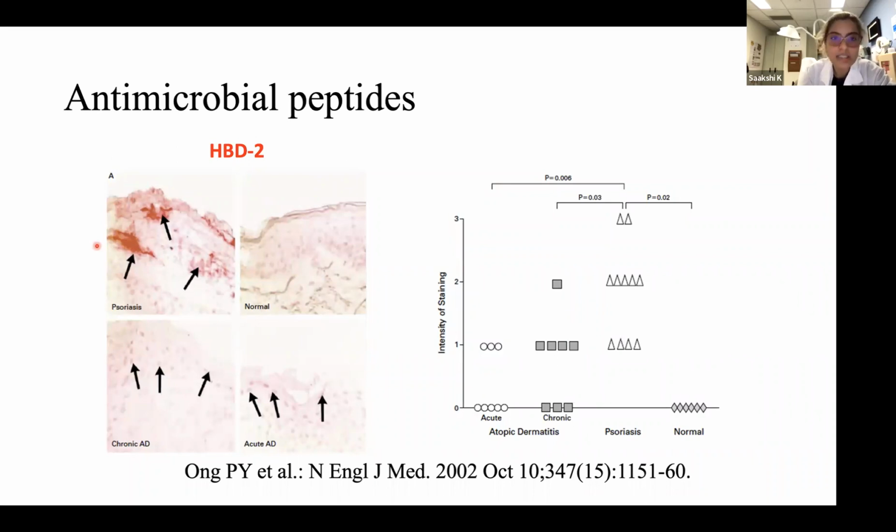So you will not see a psoriasis patient, no matter how ugly their lesions look, with the flaking, the redness, the scaling, they will not have a skin infection because of psoriasis, because they have elevated antimicrobial peptides. So that's another way that, clinically, we as dermatologists can differentiate between eczema and psoriasis, because sometimes they can look similar to the naked eye.